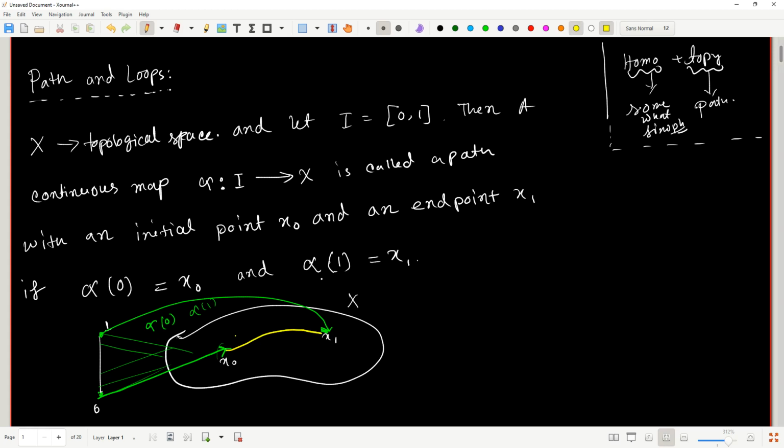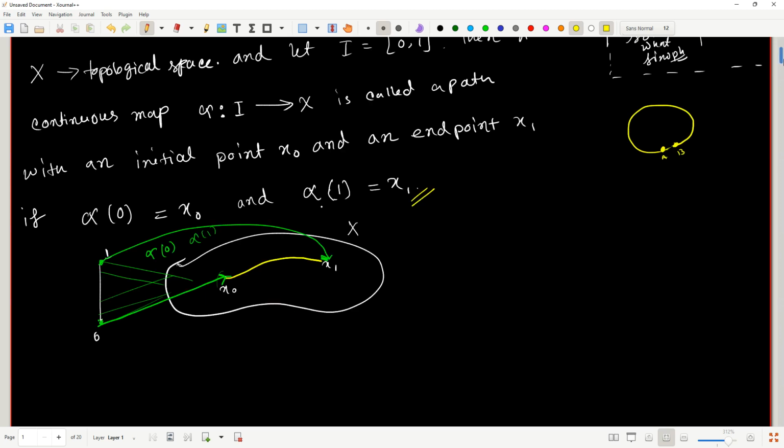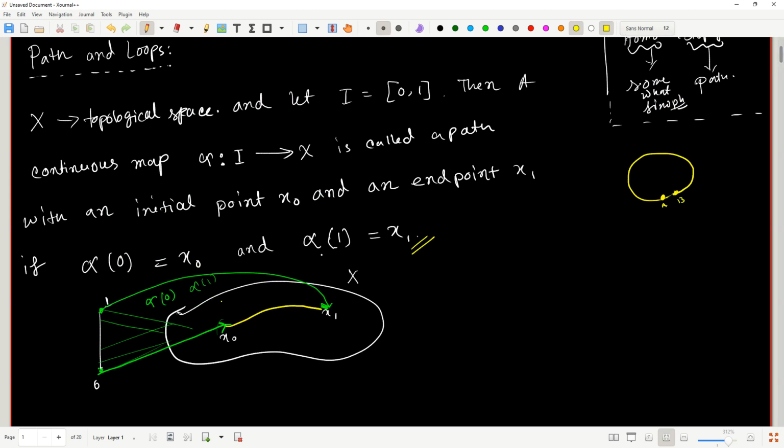So this is a path, and the definition of loop follows from the definition of path very straightforwardly, because if you know what a loop is, it's just a path, but the endpoints, let's say this is a path, okay, and if you glue these endpoints, then it becomes a loop. So if I were to make a loop, then what I would have to do is just slightly modify this definition over here. That is, all the things over here will be the same.